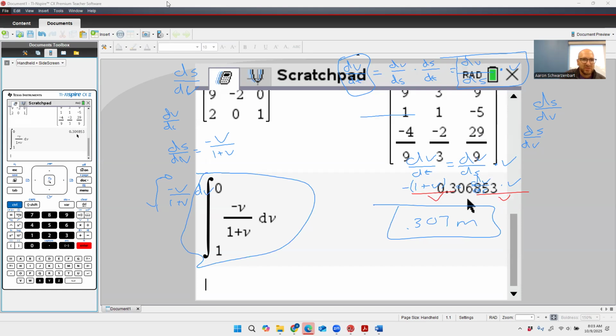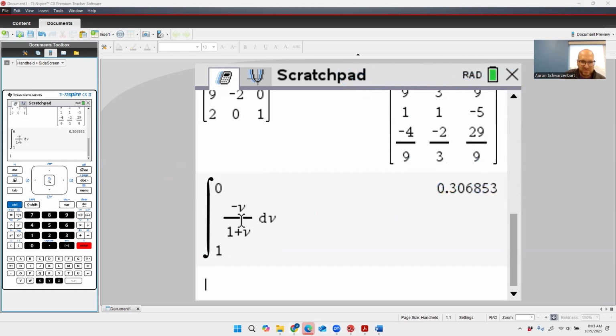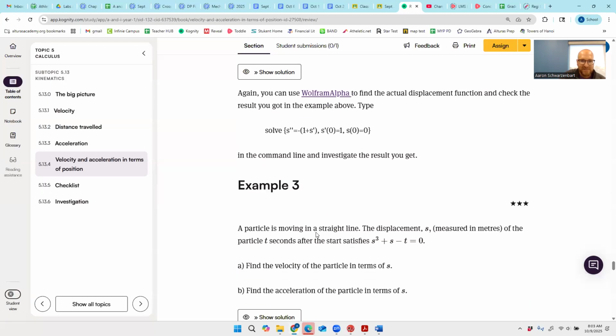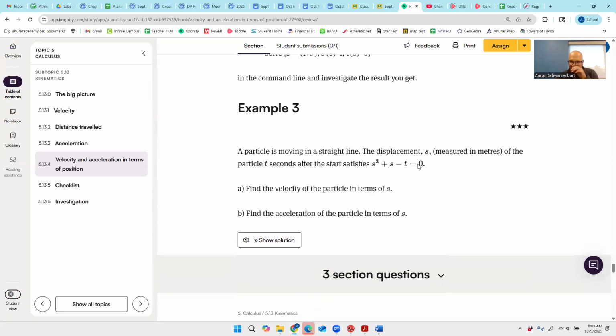Okay, one more example. So a particle is moving along a straight line with s measured here. Find the velocity of the particle in terms of s. Easy. I'm just going to do this like it's implicit or like it's related rates. 3s squared ds/dt.